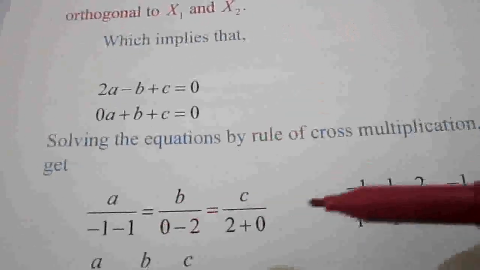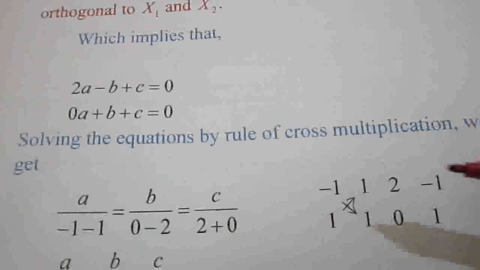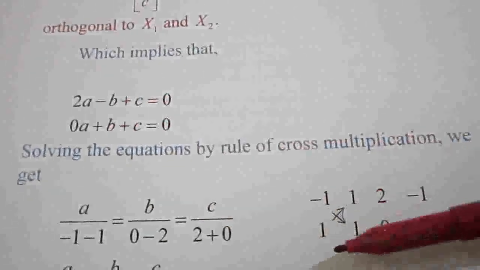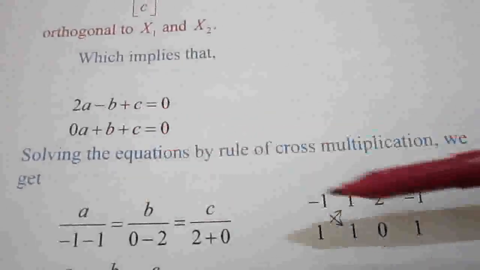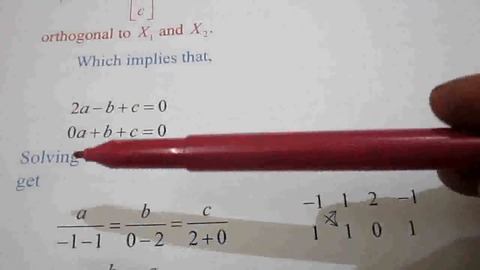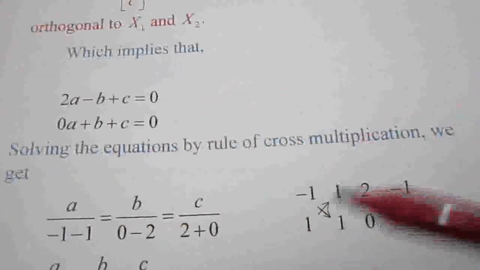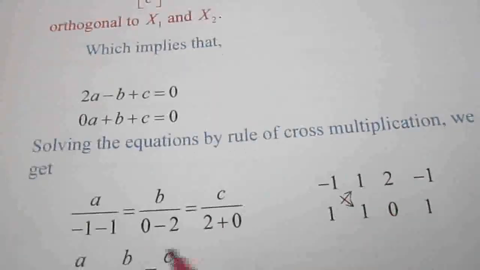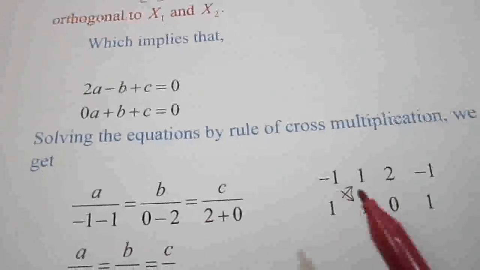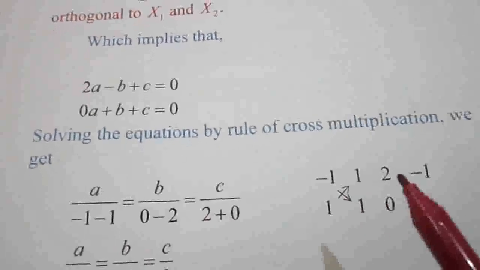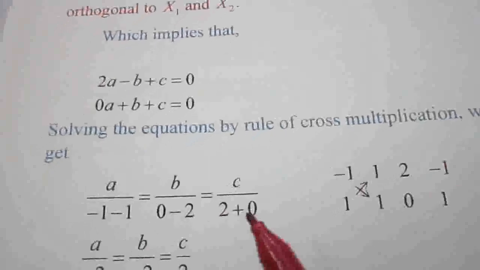For A, B, C, you already know how to choose the coefficient terms. The coefficient terms start from the second term: minus 1, 1, then 1, 1, then 2, 0, and end with the same term minus 1, 1. Now cross multiply: A by minus 1 minus 1, B by 1 into 0, 0 minus 2, and C by 2 minus of minus, plus 0.